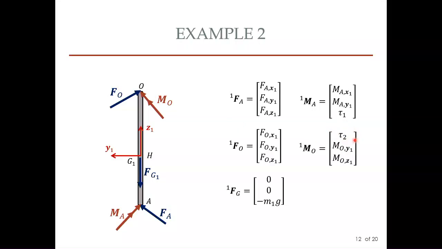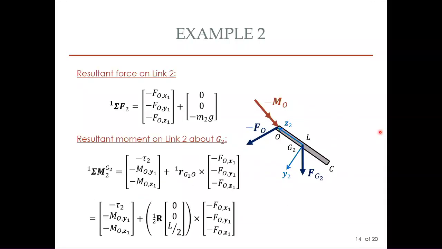If there was no actuation, you would put 0 here. Would you like to ask me if anything is unclear? Do you understand why there is tau 2? Clear? Okay.